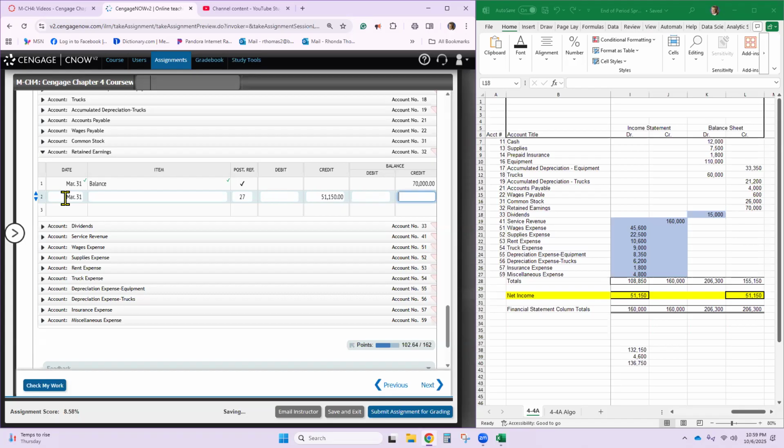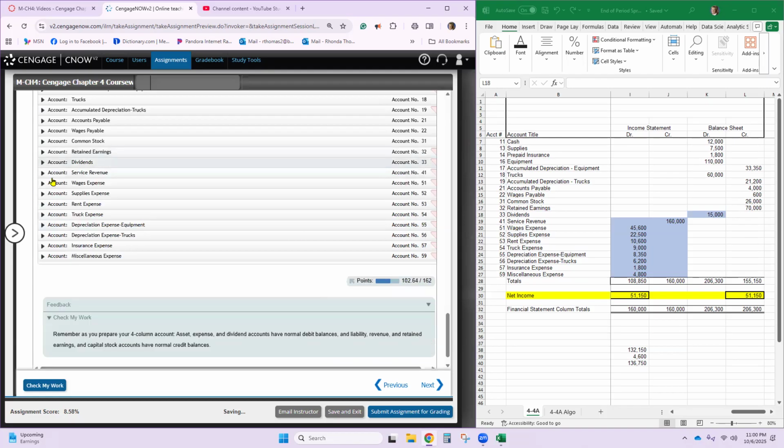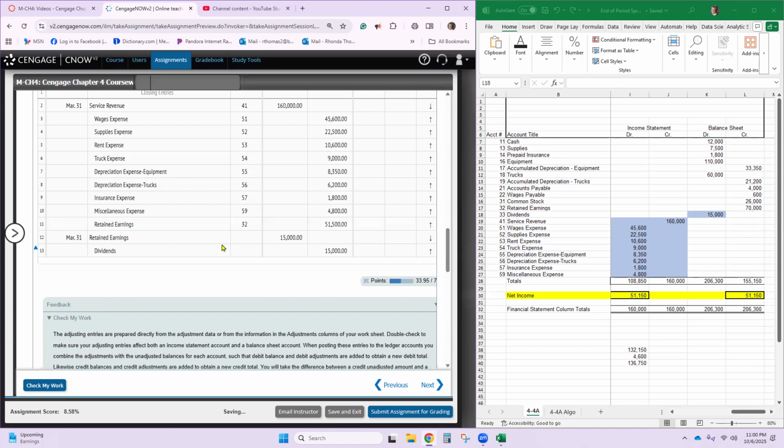and it'll match up with what we did on the statement of stockholders' equity. So we have 121,150. Okay, 121,150. All right, we have one more entry to post. We go to retained earnings again.